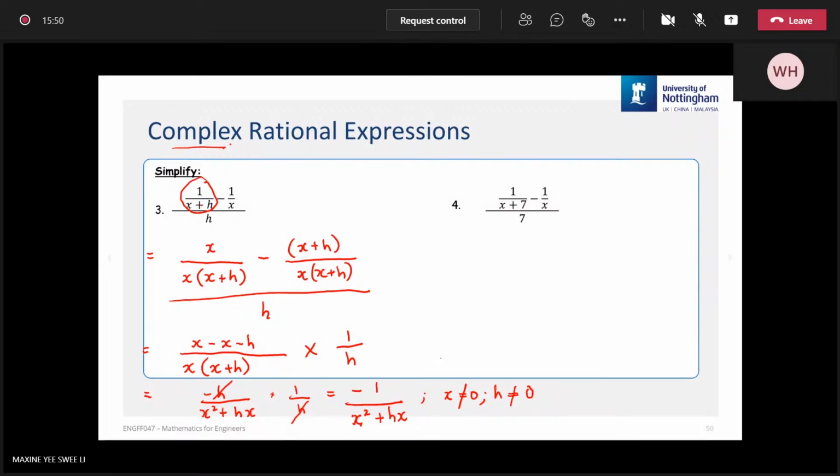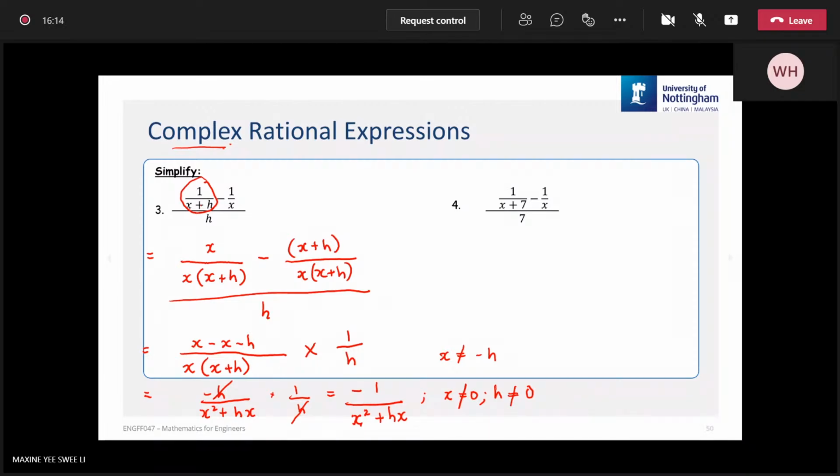So you can say x cannot be equal to negative h. So we have to write these three statements. Any questions about this?